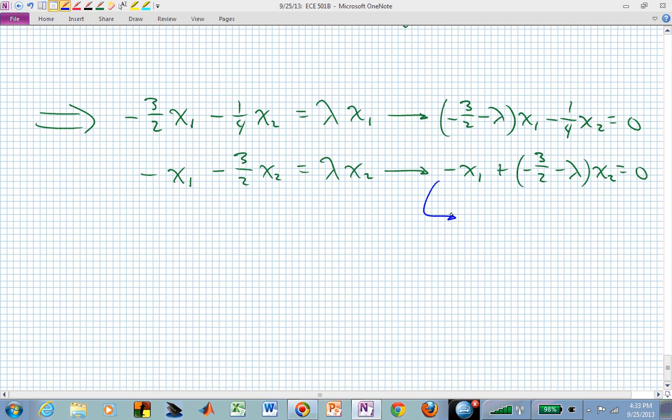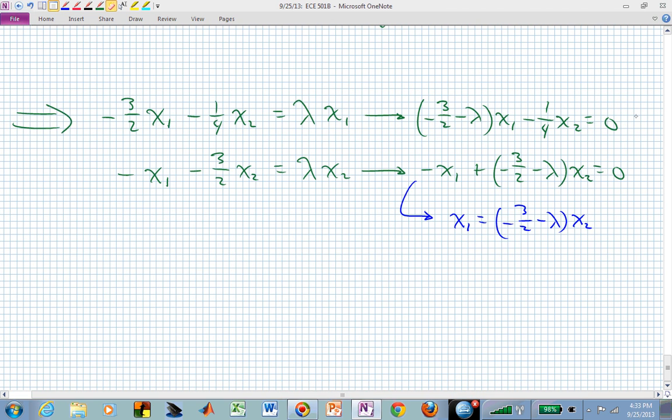So if I take this one and solve it for x1, pushing x1 to the other side, x1 is now (-3/2 - lambda) x2. Okay, let me call this equation A, and let me call this equation B. And let me now substitute B into A.